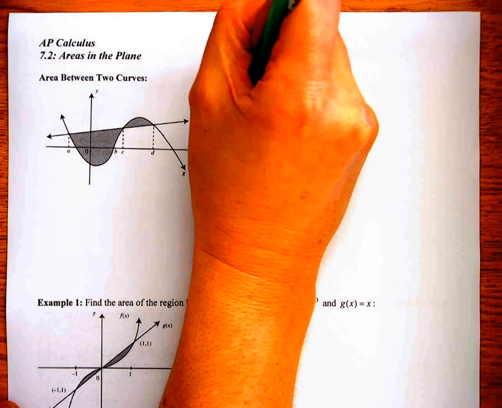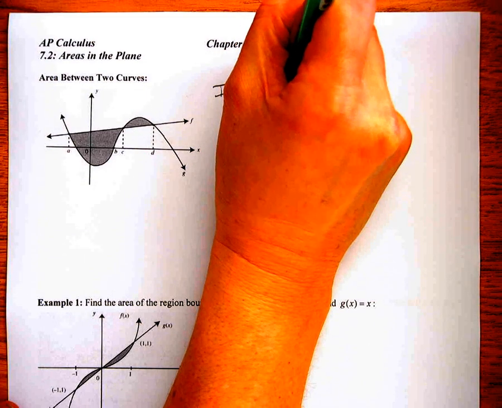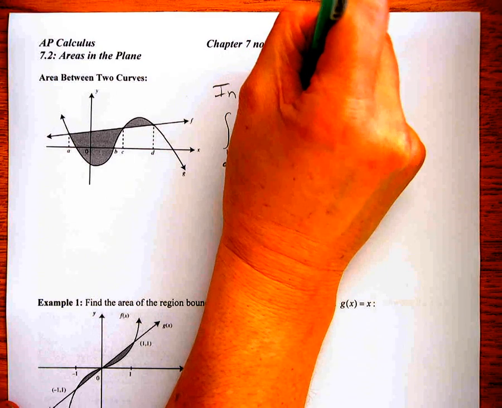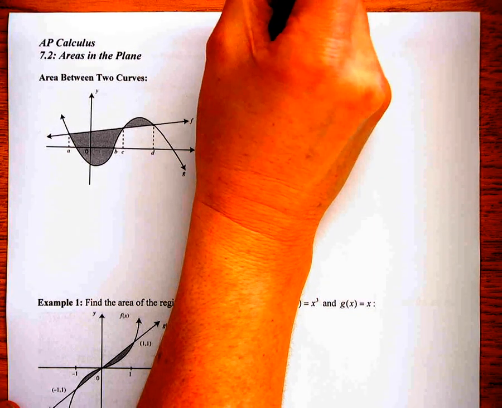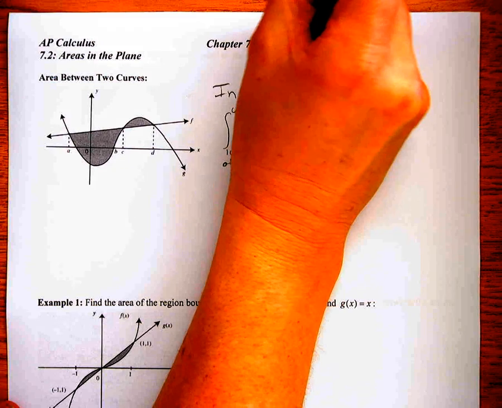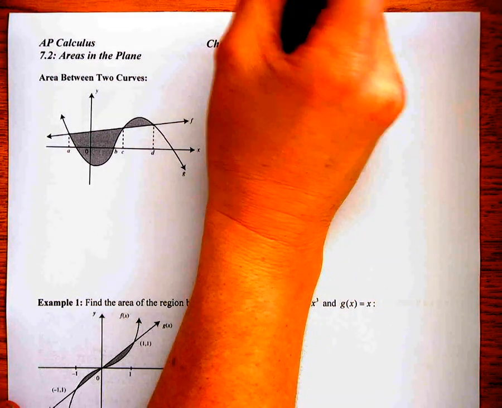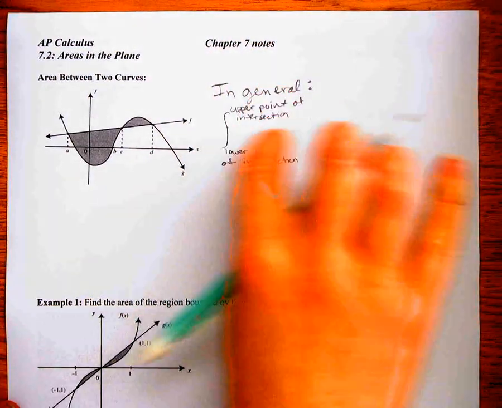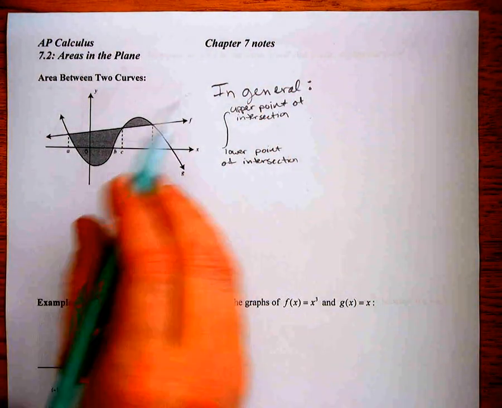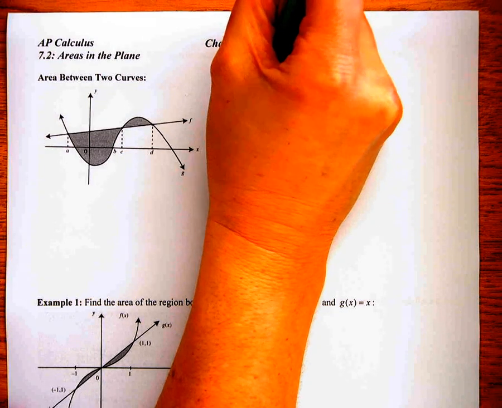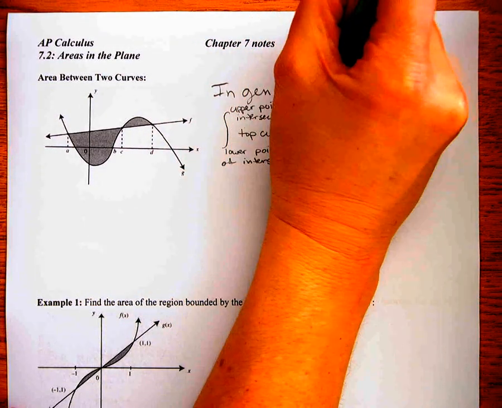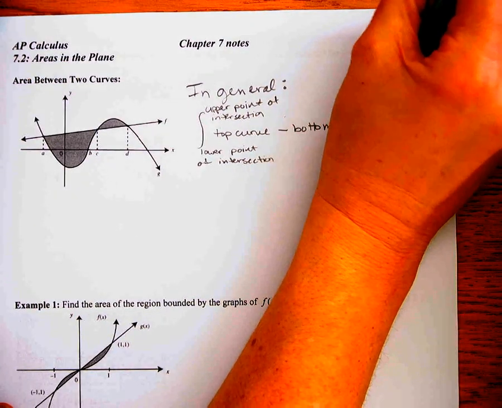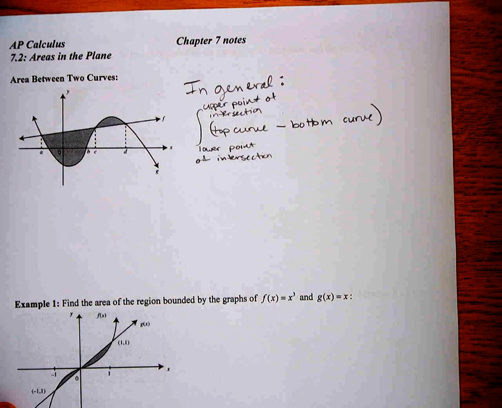And so you'd have the lower point of intersection as your lower limit, the upper point of intersection as your upper limit. And then inside the integral, you would take the top curve minus the bottom curve. The order of subtraction is extremely important. You have to have the higher curve minus the bottom curve.